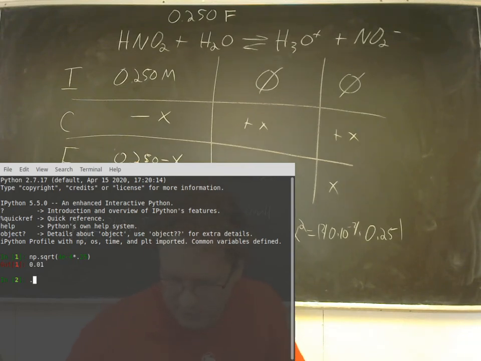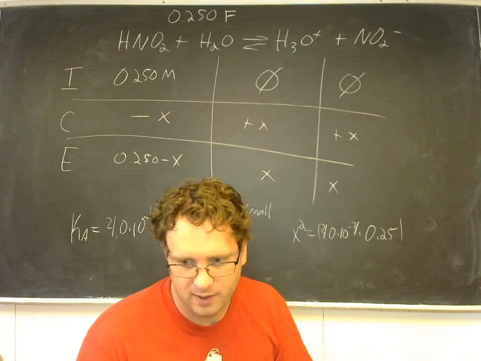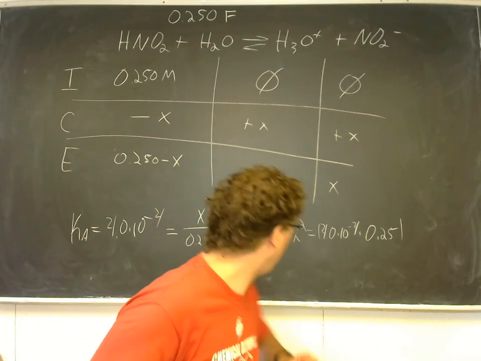Well, we'll take 0.01, divide it by that initial concentration of 0.25, multiply by 100, and what we're looking for is this change value, the value of x, to be less than or equal to 5%. And it looks like it's 4%, so we're just barely scraping by, but that's good enough, and we can go ahead and move onward.